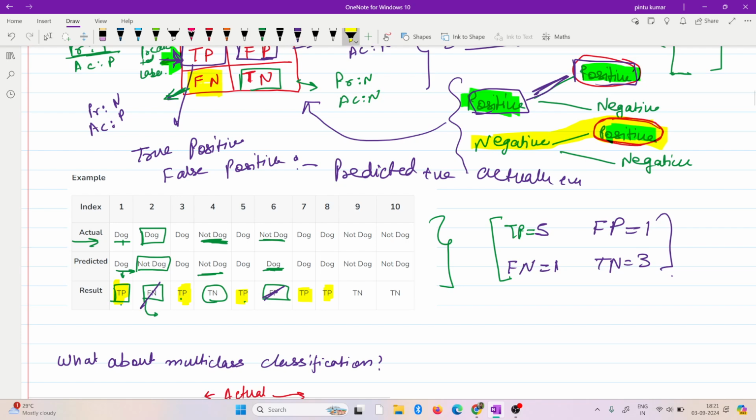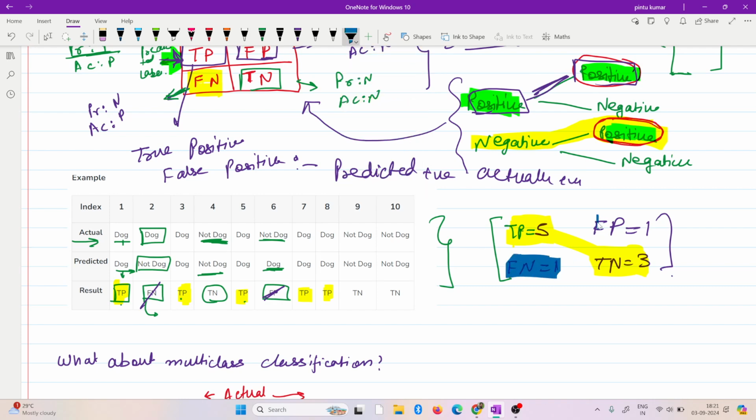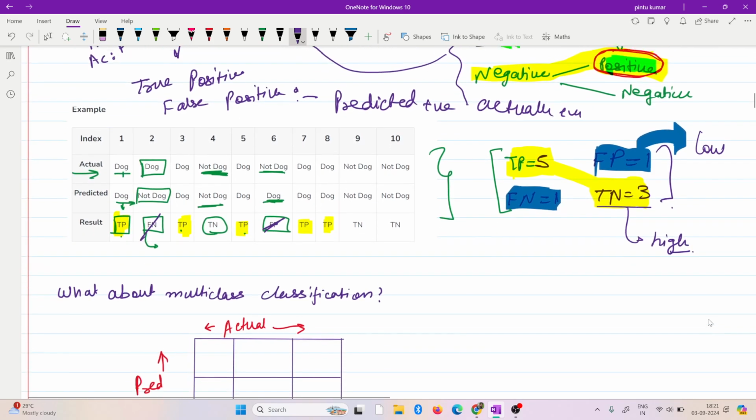If your classification model performs well, then your entries on the diagonal should be high and your entries off the diagonal should be low. So you want these values to be low and you want these values to be high, right? Okay.